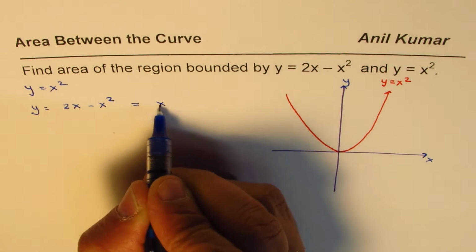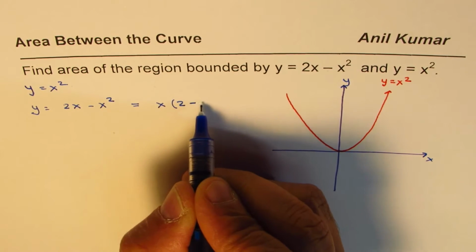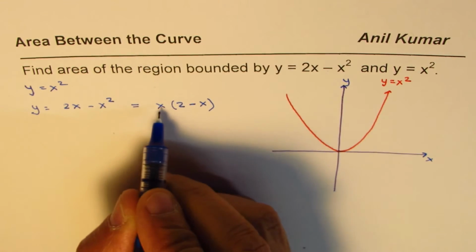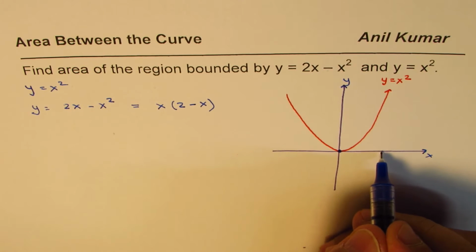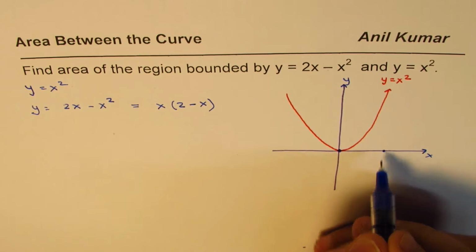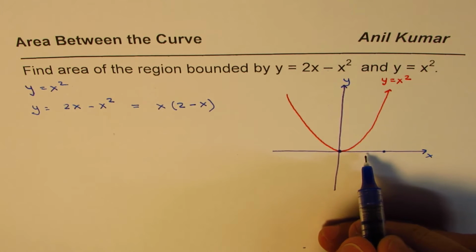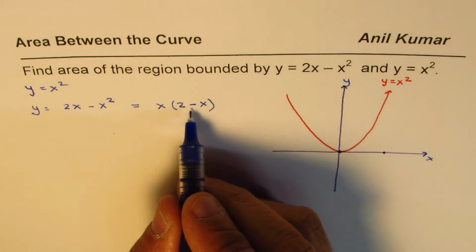So if I take x common, I get x times 2 minus x. And therefore I have two zeros. One is at x equals 0, the other one is at 2, right? And in between we'll have a maximum which will be at x equals 1.